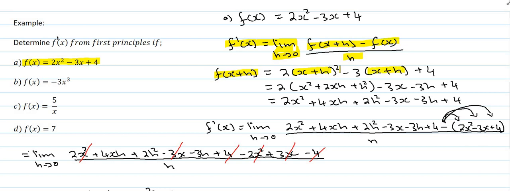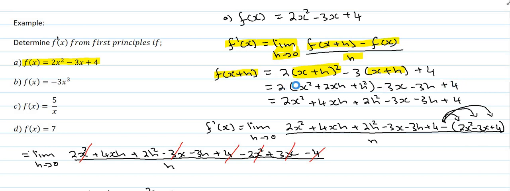So remember, squared, this becomes binomial multiplied by binomial. Then x plus h squared becomes x squared plus 2xh plus h squared. And again, you multiply that negative 3 with x plus h, then it becomes negative 3x minus 3h plus 4.